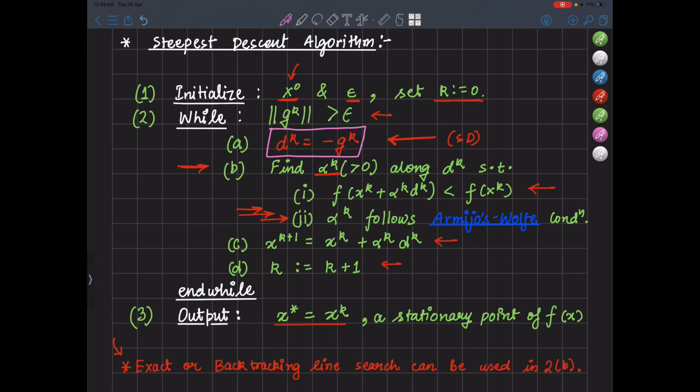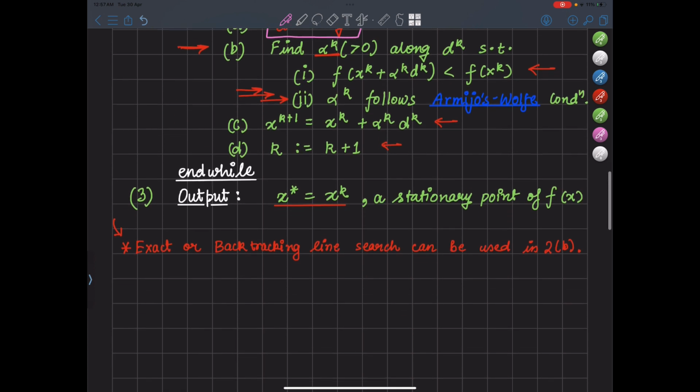Now that we have a fair idea of how the steepest descent algorithm works, and we know about its structure, let's look at it in a much deeper way, and let's look at the convergence of the algorithm.